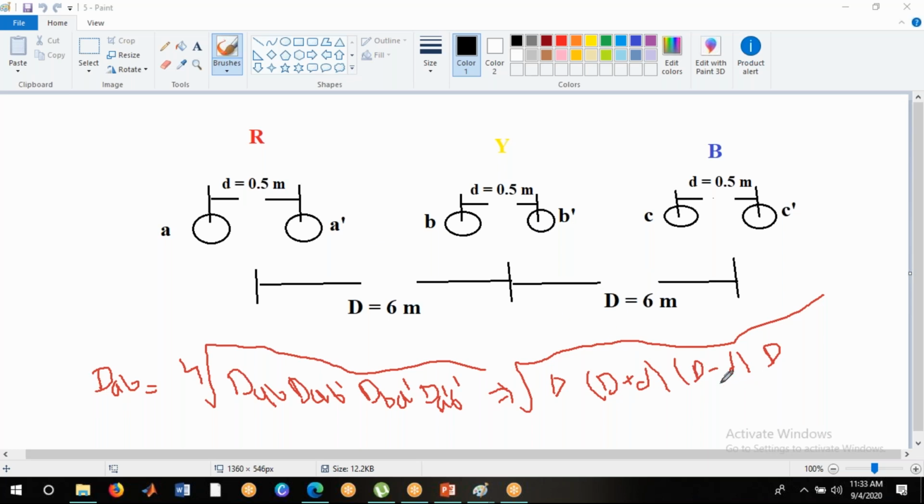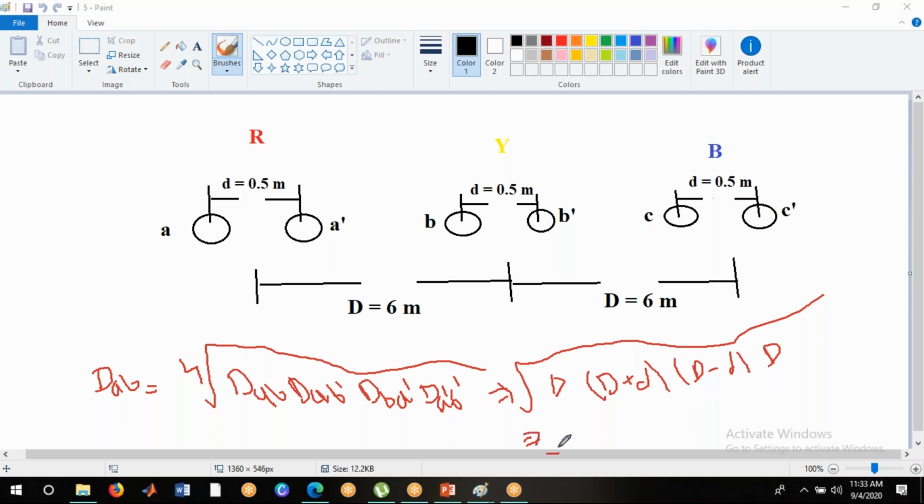Next one is from A dash to B, so we have to subtract the d value. So this is the standard value when we have to calculate this type of problems. D into D plus d into D minus d into D.